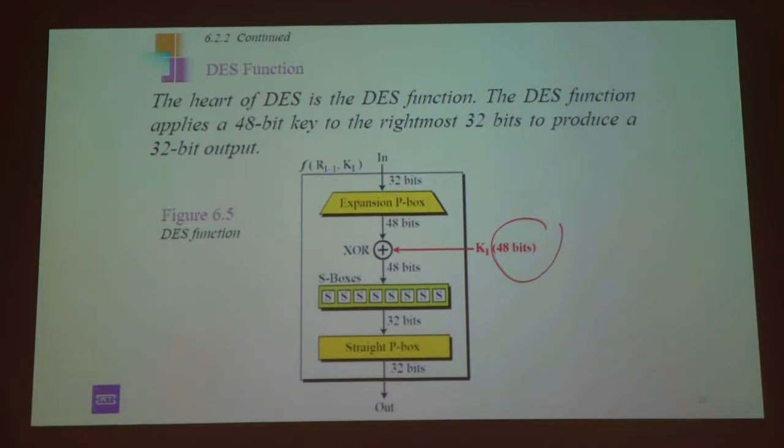The 32 bits go to the expansion box, and become 48 bits. Then the 48 bits are XORed with the 48-bit key, giving 48 bits in the output. These 48 bits go to the 8 S boxes.